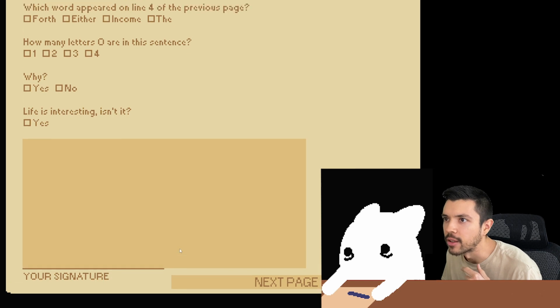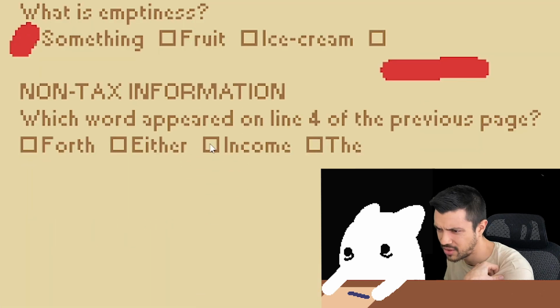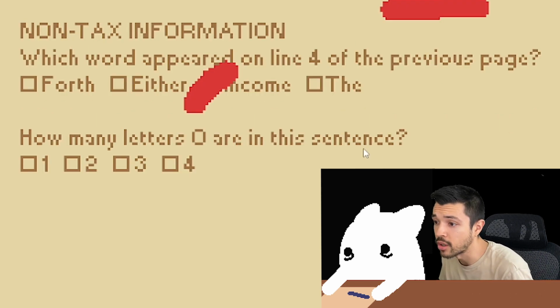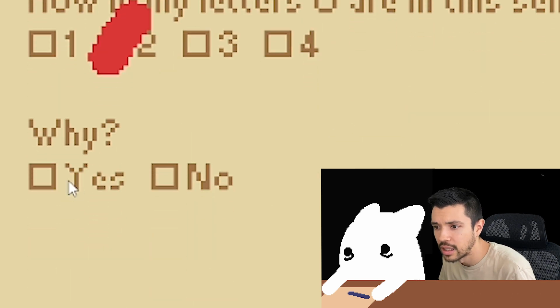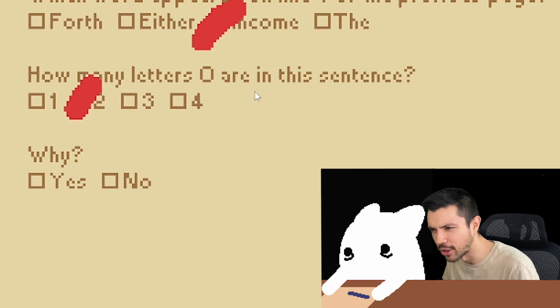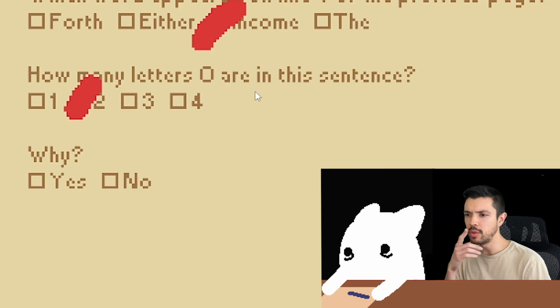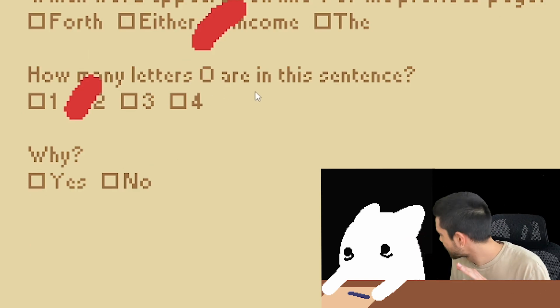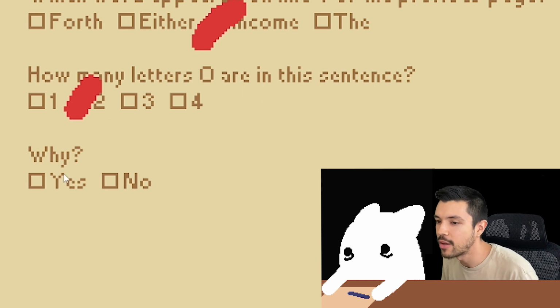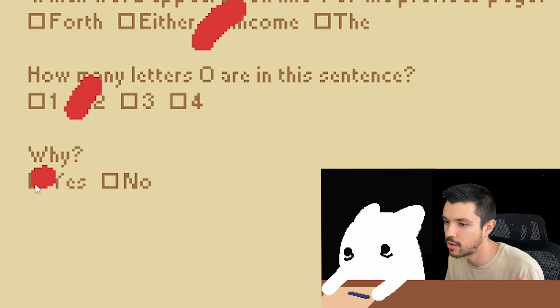And we can't go back to the previous page. Let's go with income, because that's what taxes are all about. How many letter O's are in this sentence? Oh, that's easy. I mean, 1, 2, right? I think it's pretty straightforward. It's marked 2. Why? Yes or no? I mean, about the letter O's, or do we mean like why in general? I know this seems like a very open-ended question, but I think in most cases you'd probably choose yes. You'd choose yes.